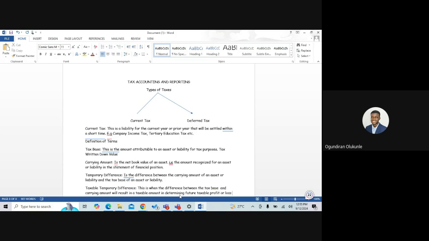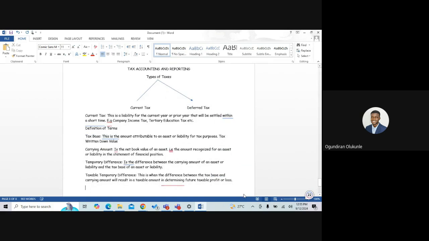So take the English to mean that if the difference between the tax base and the carrying amount will result in a future tax liability, it is referred to as a taxable temporary difference.